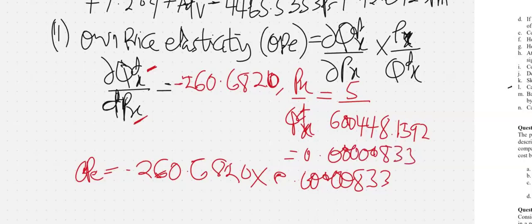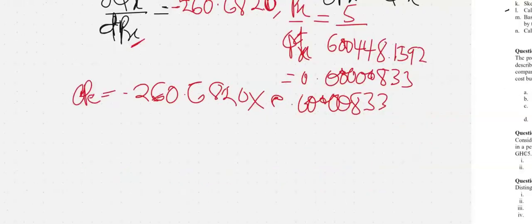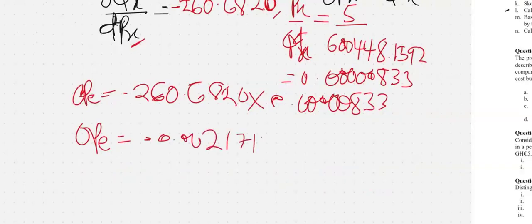All right. So by multiplying, we have our own price elasticity, the OPE, to be equal to negative 0.002175.